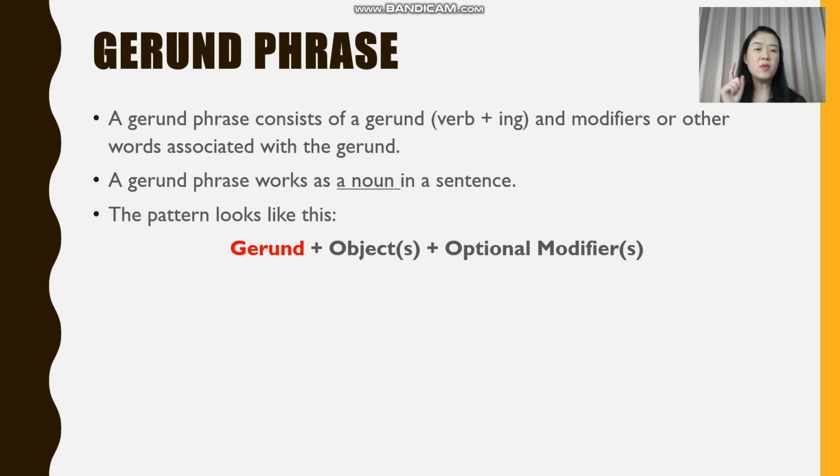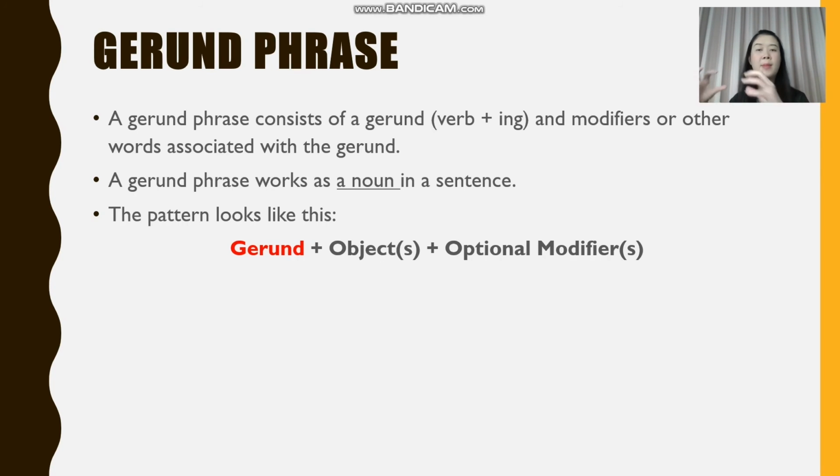If it's verb -ing as a participial phrase, we use them as an adjective to modify the noun. But if it is the gerund phrase, we use them as a noun. So you need to separate these two phrases.